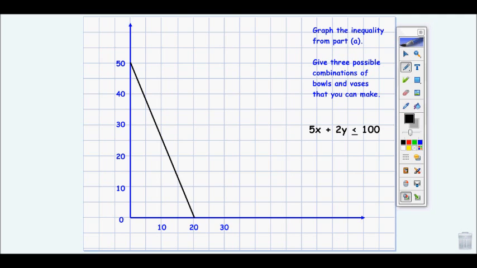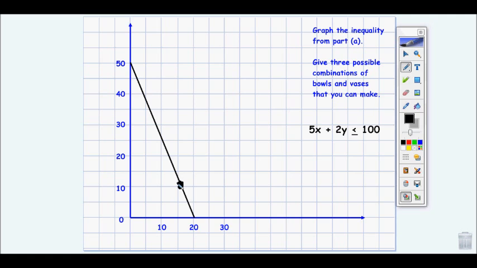So what I'm going to do is find points that are good intersecting points. Now, mine's not perfect here, but I could say, it looks like if I said this point right here. This looks like if I made, and we're going to use our x's as our bowls, maybe not quite 18.